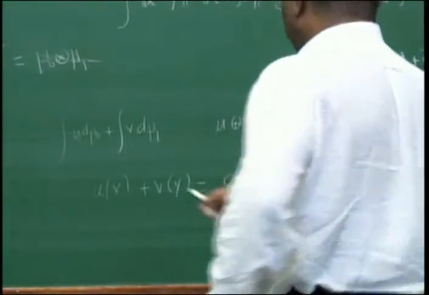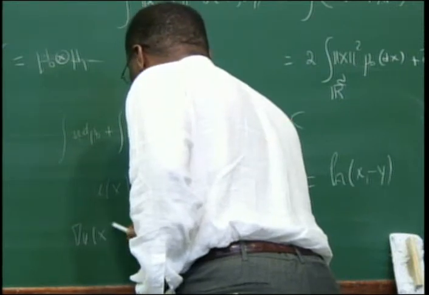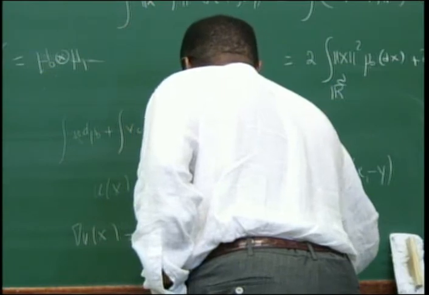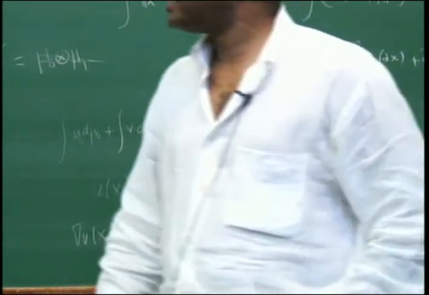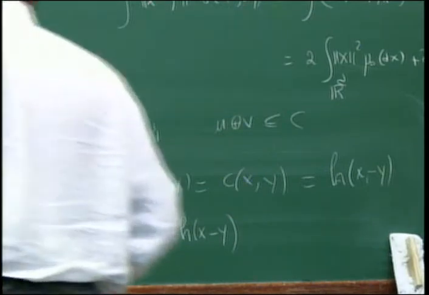Then we differentiate the left-hand side with respect to x to obtain that it is the derivative of the right-hand side with respect to y. And that is what I have written.